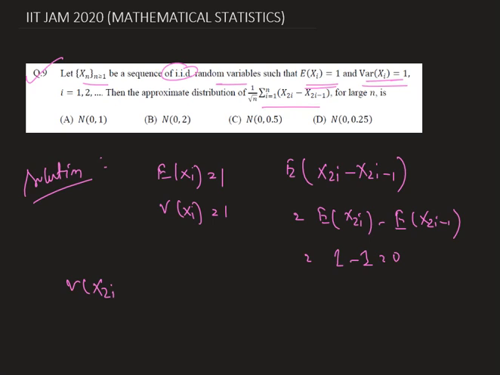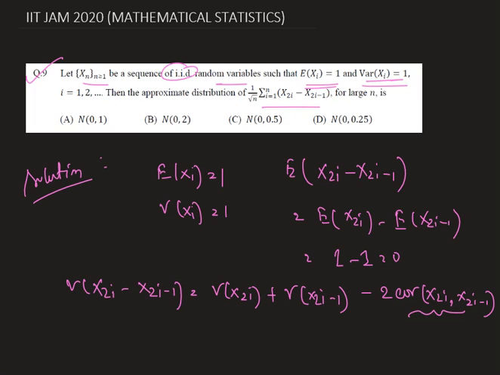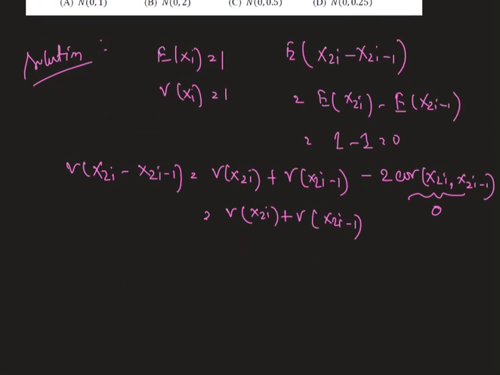And variance of X2i minus X2i minus 1 is equal to variance of X2i plus variance of X2i minus 1 minus 2 into covariance of X2i comma X2i minus 1. Now as they are IID random variables, they are independent, so covariance is equal to 0. Then this reduces to variance of X2i plus variance of X2i minus 1, and variance is also equal to 1, therefore 1 plus 1 is equal to 2.